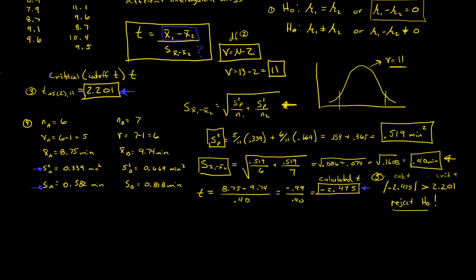And remember, what you're saying here is that you've calculated a t value that was over on this side of this cutoff, and this cutoff was 2.201 at this degrees of freedom. Because our calculated t value was beyond this cutoff zone, we're willing to challenge that null hypothesis.